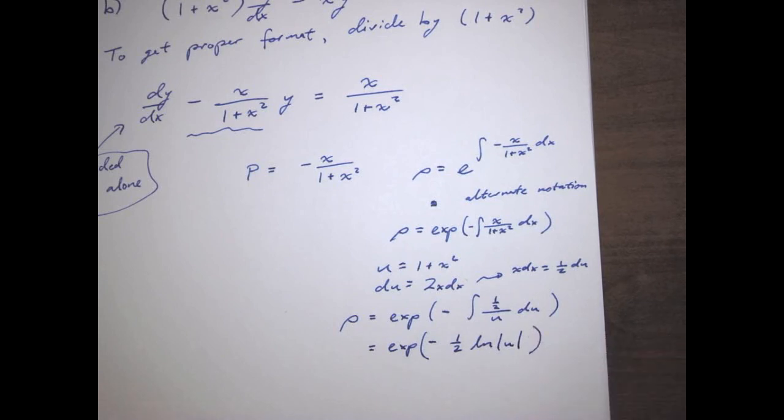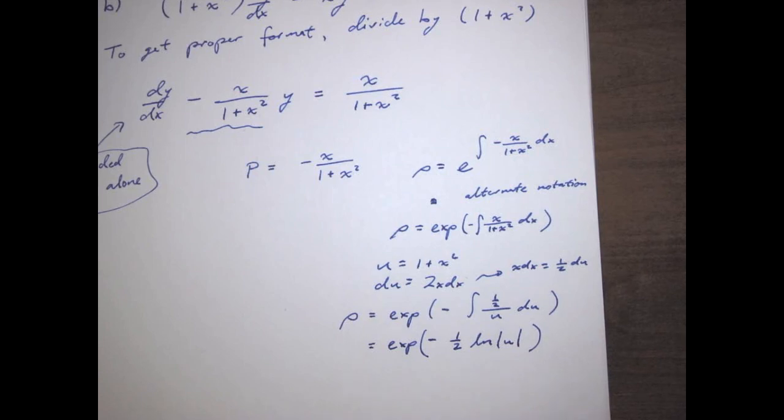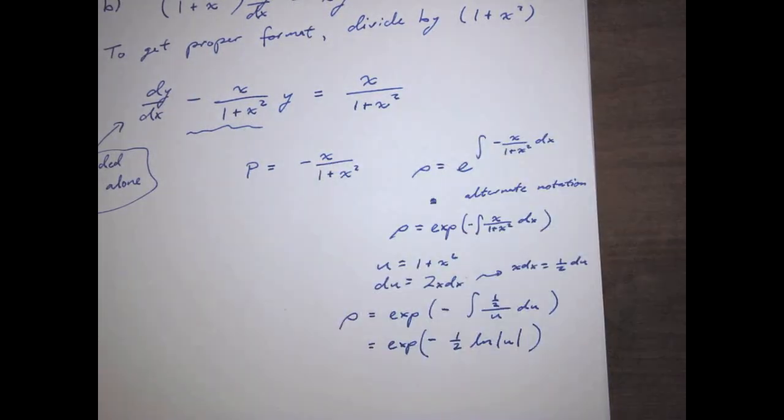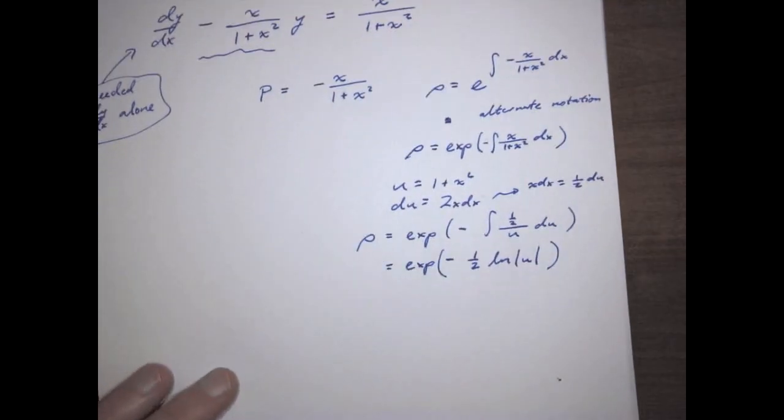And again, we don't have to worry about the plus c on this because here we only needed a single antiderivative of the p. It doesn't have to be every antiderivative.